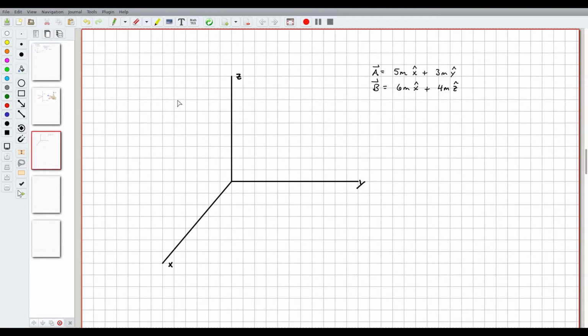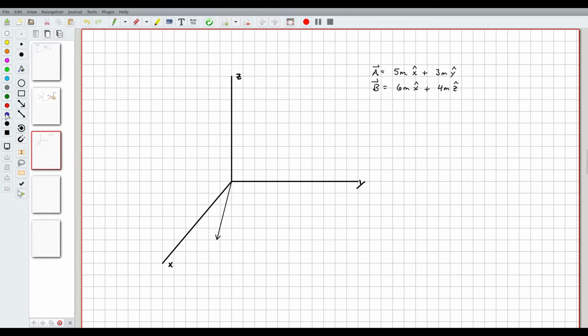Now, let's draw these. 1, 2, 3, 4, 5 is about here. 1, 2, 3 is about here. So vector A would point to about here in the xy plane.